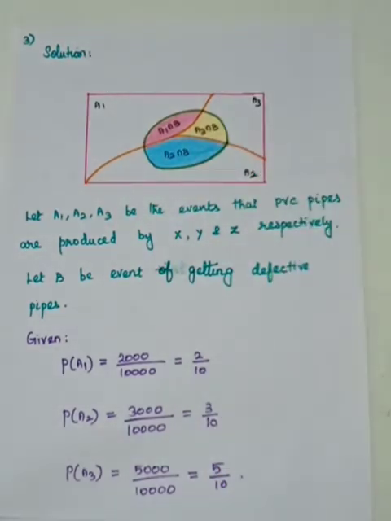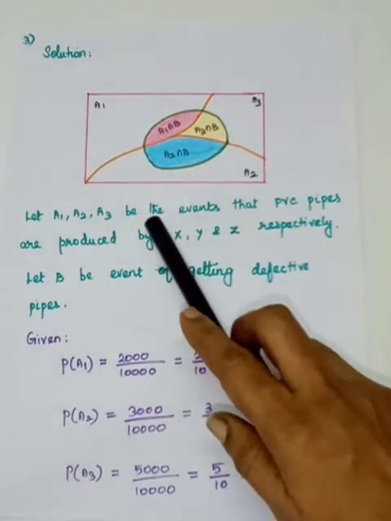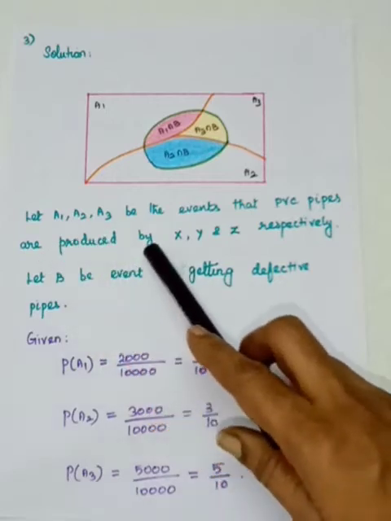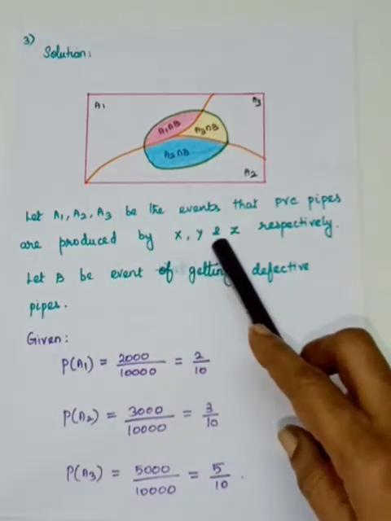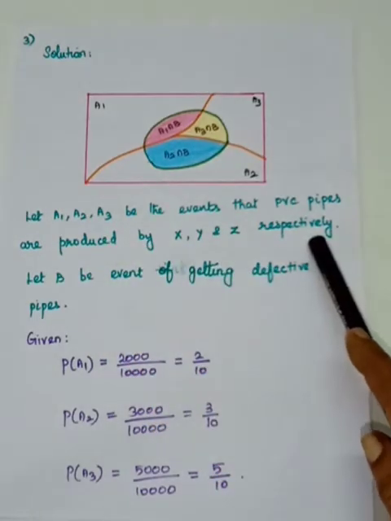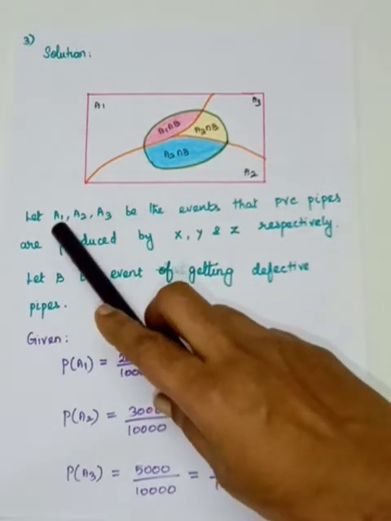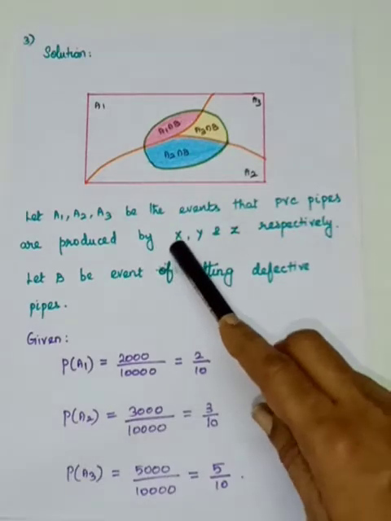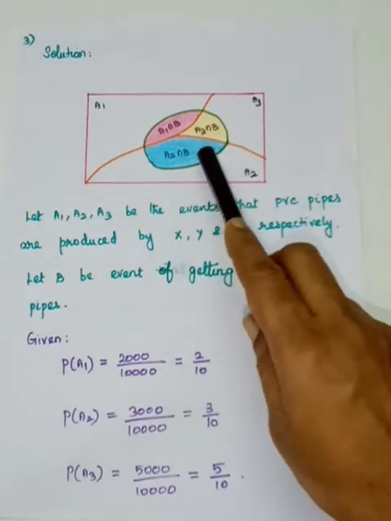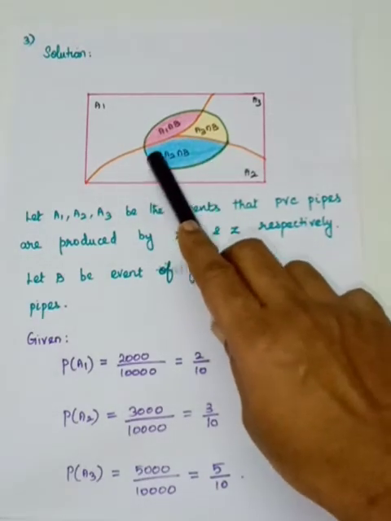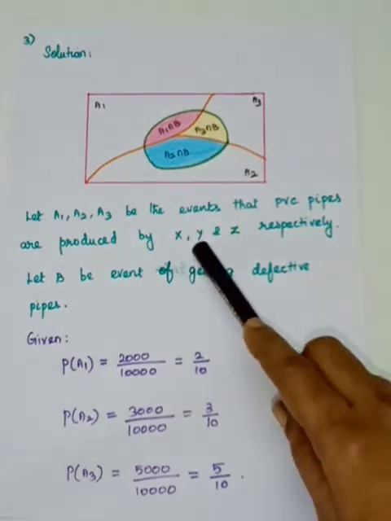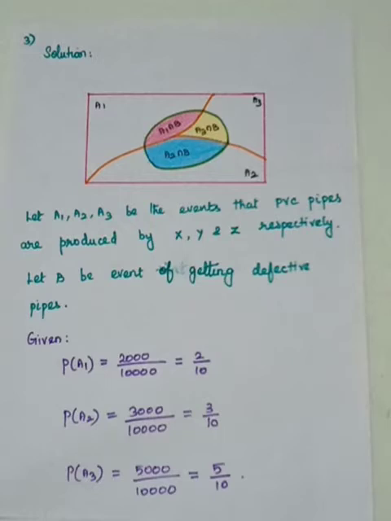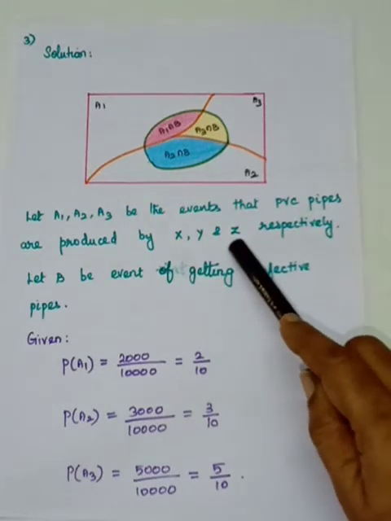So what are A1, A2, A3? A1, A2, A3 be the events that the PVC pipes are produced by the plants X, Y and Z respectively. That means A1 be the event that the pipes are produced by plant X, A2 be the event that the pipes are produced by plant Y, and A3 be the event that the pipes are produced by plant Z.